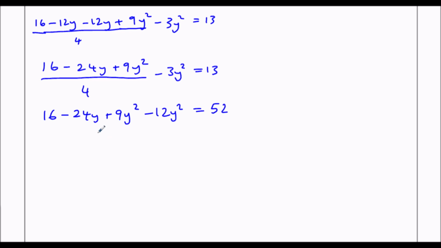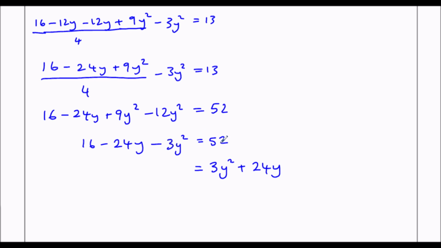Now I'm going to collect the like terms. So I've got 16 minus 24y. I've got 9y squareds take away 12y squareds, which is a negative 3y squared. I've got a quadratic. I'm going to solve it by making it equal to 0 again. So I'm going to move everything over to the right this time. So I've got 3y squareds plus 24y's.